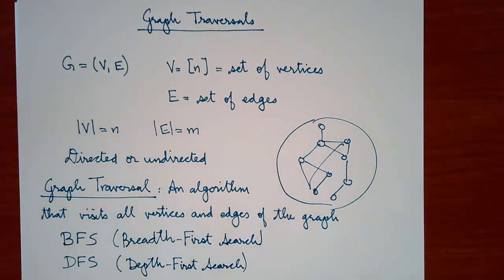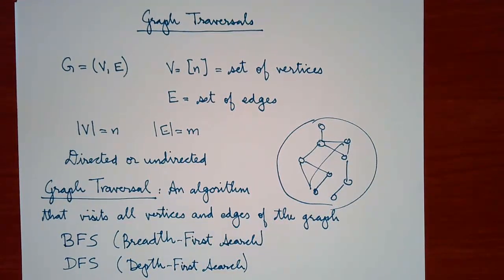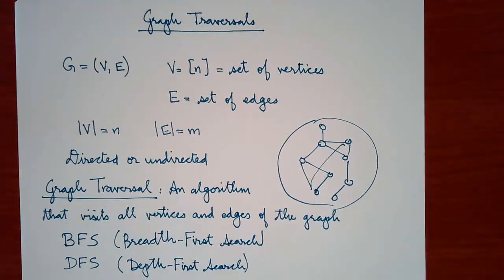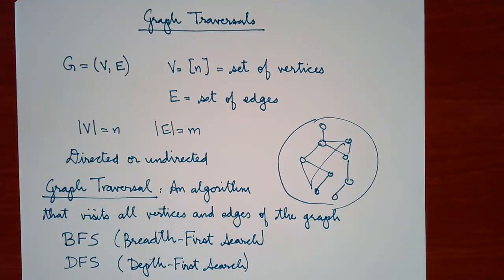Okay, so what I want to talk about is, I will show you BFS and DFS again, but what I want to tell you is that BFS and DFS can be used to solve many complex problems in graphs. I want to demonstrate how these algorithms can do a lot more than what you think they can do. Especially DFS can solve lots of fairly complex problems in graphs quite efficiently.